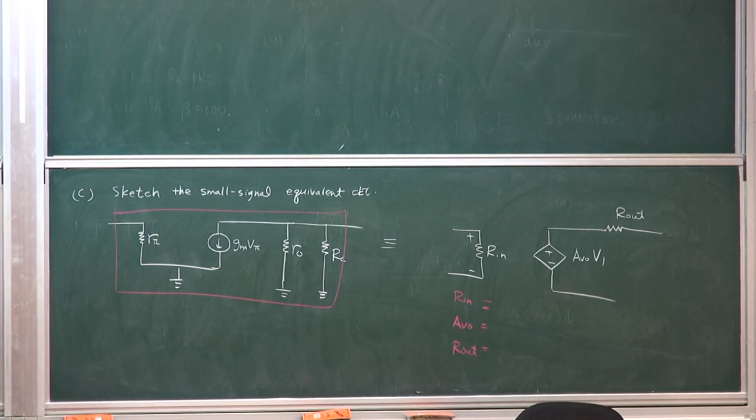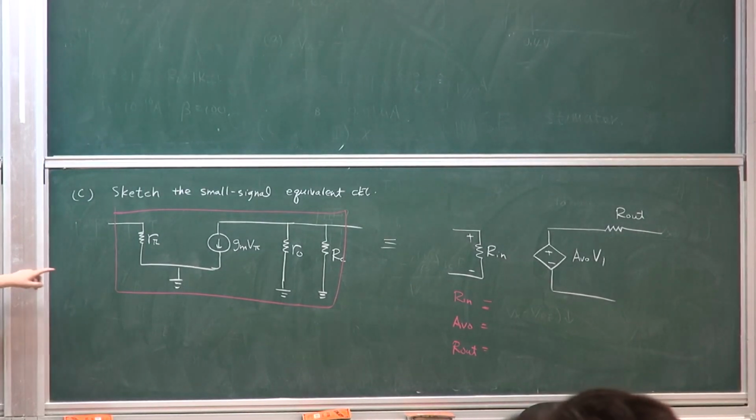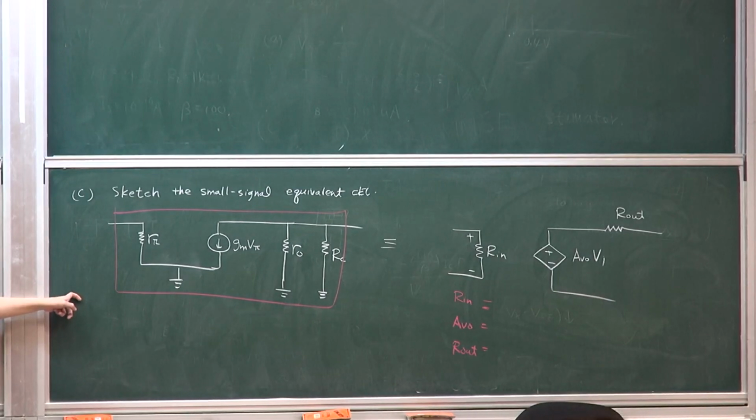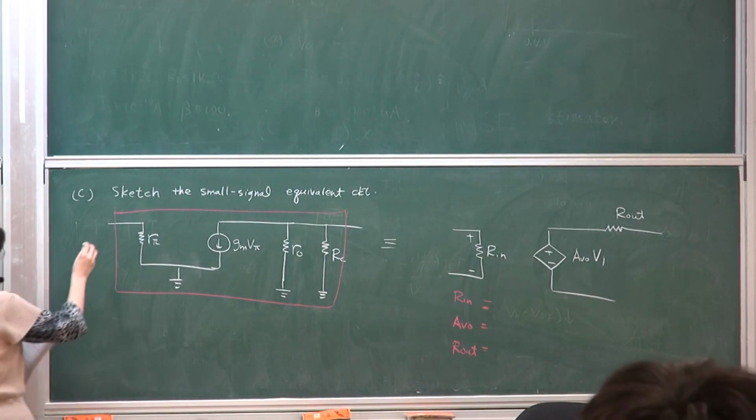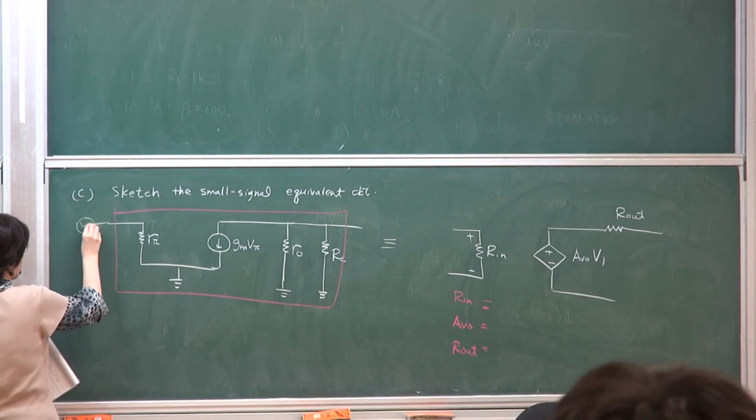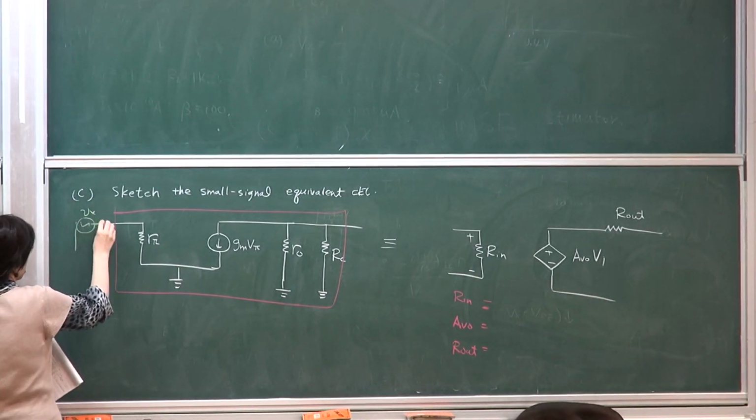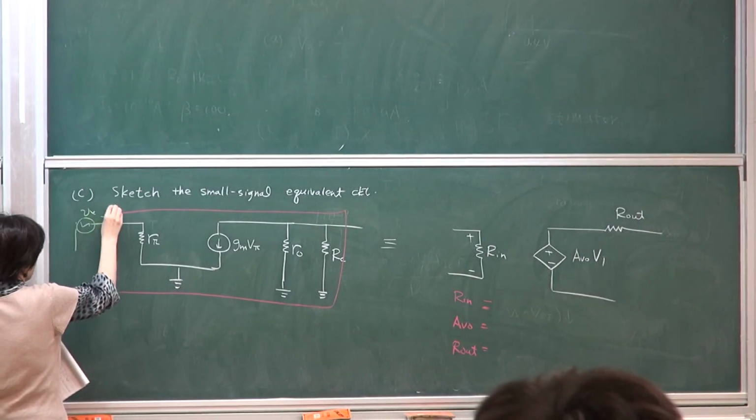Okay? So based on this model, what is the input resistance? I don't need to find the number, I'm simply looking at this parameter, what is Rin, based on this small signal circuit? Can you actually see it? Rin is that you give it a test voltage and look at its test current, right?